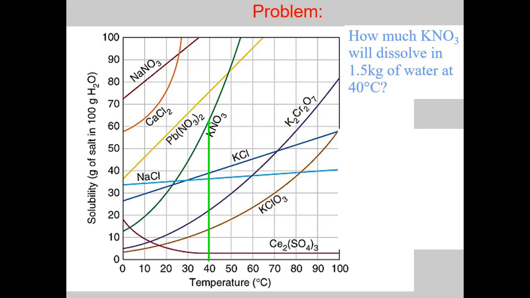We take 40 degrees, we run it up. We go over to the left and see where it intersects. And I'm going to say that's 63. So I'm going to say that 63 grams of potassium nitrate can dissolve in 100 grams of water. But I don't have 100 grams of water. I have 1.5 kilograms.